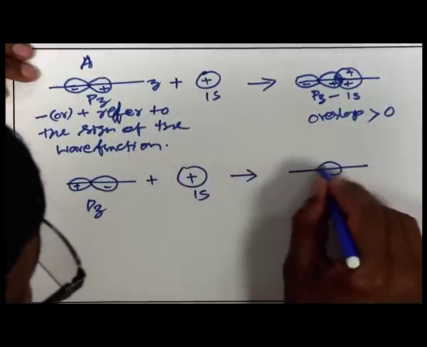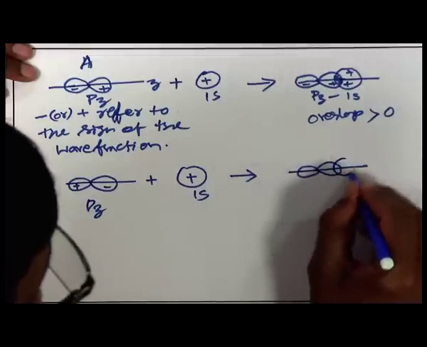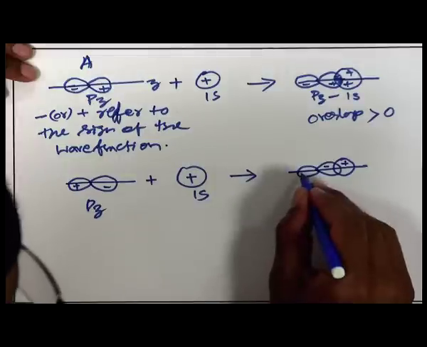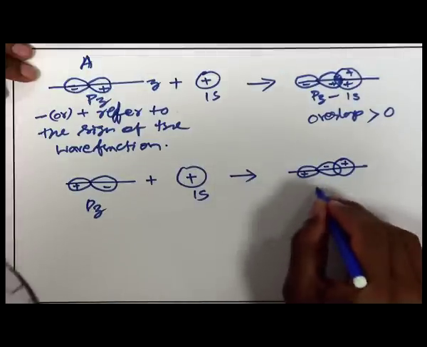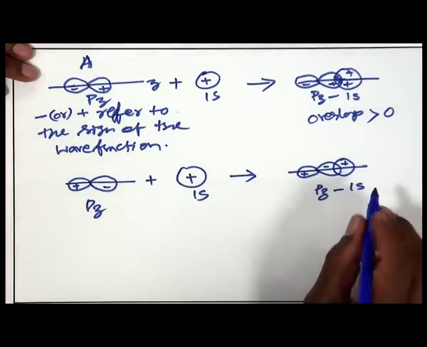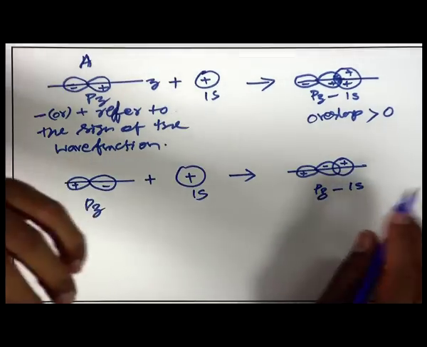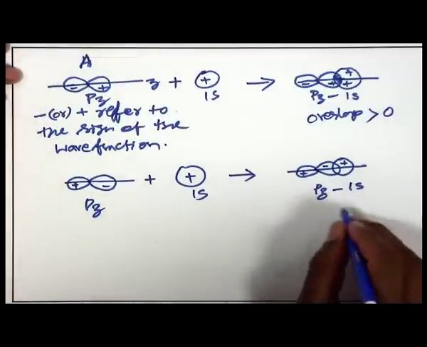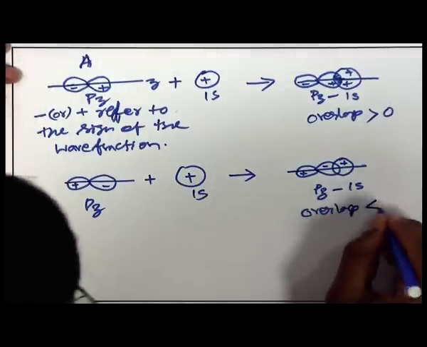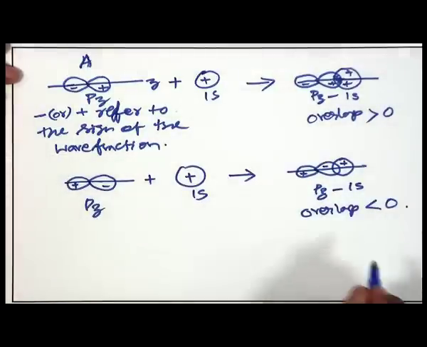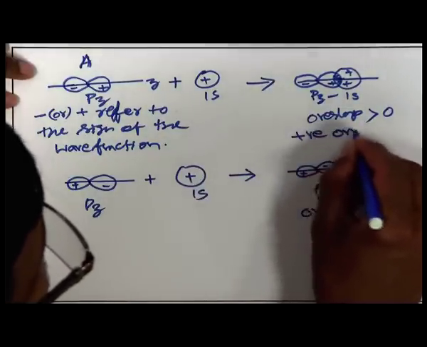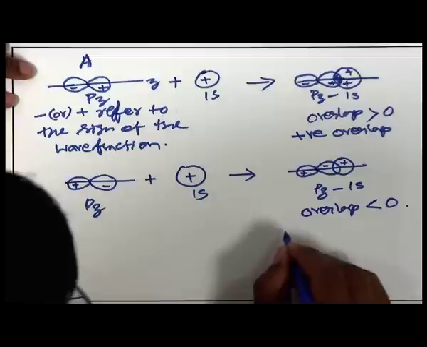If you draw the diagram this way, this is negative, this is positive, this is positive. So, this is a pz minus 1s orbital. Here the overlap is less than 0, it is negative. So, this is a positive overlap, and this is a negative overlap.